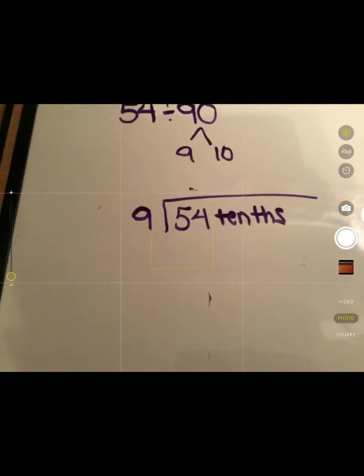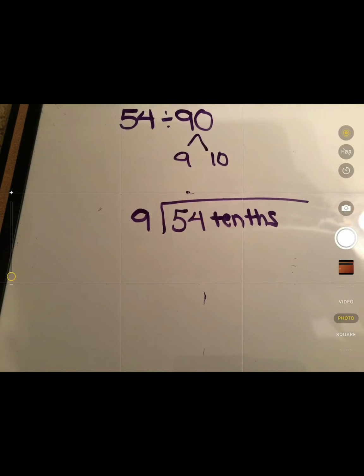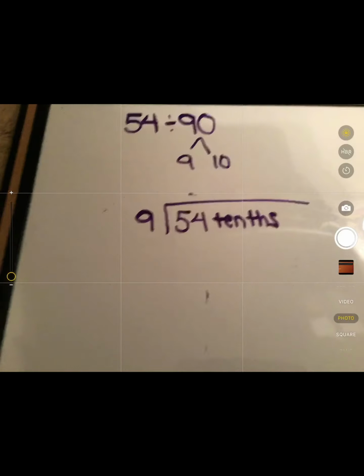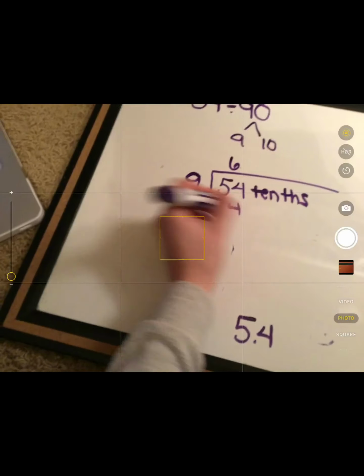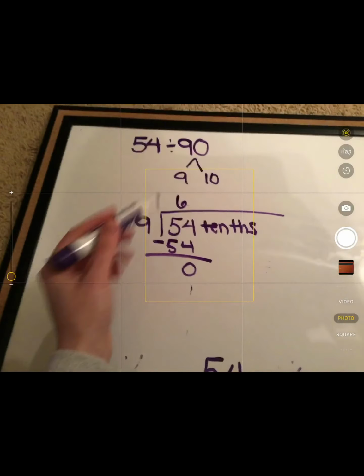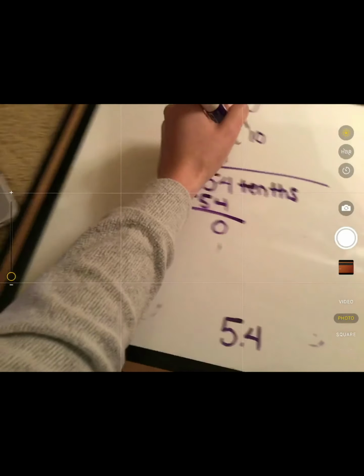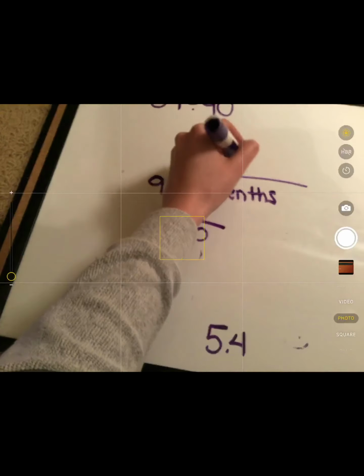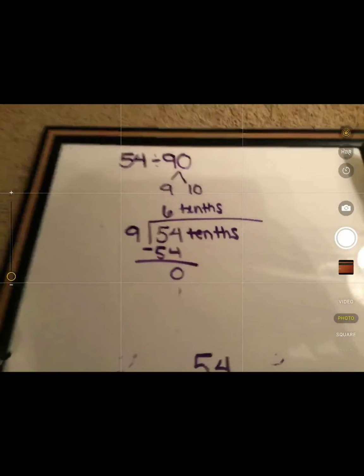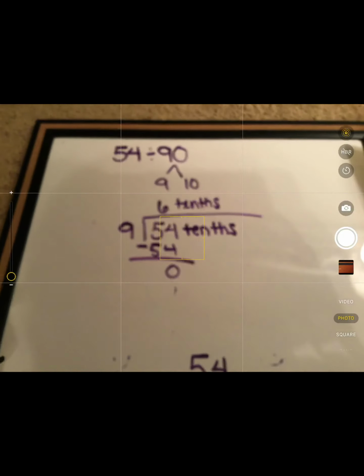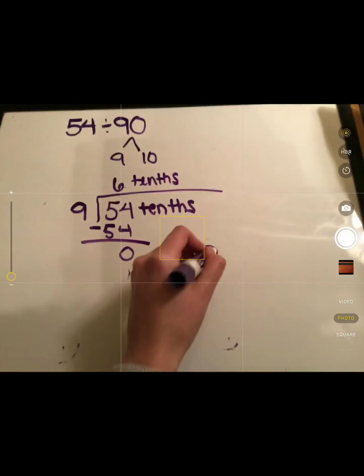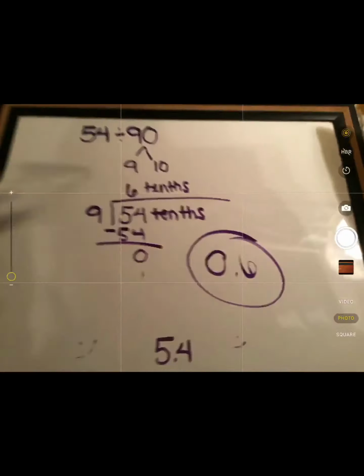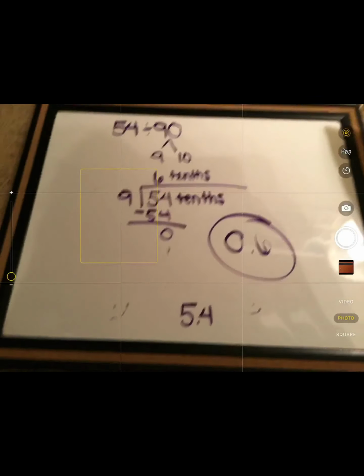So now I could look at this as 54 divided by 9. Well, I know that 54 divided by 9 is 6 because 9 times 6 gives me 54. So my answer would not just be 6, it would be 6 tenths. So if I were to rewrite this 6 tenths as a decimal, it would be written like this. That would be my answer.